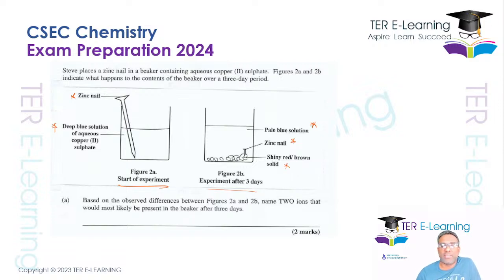Based on the observed differences between figures 2A and 2B, name 2 ions that would most likely be present in the beaker after 3 days. Do you all feel you know the answer for this one? What ions are present in the beaker after 3 days? Anybody?